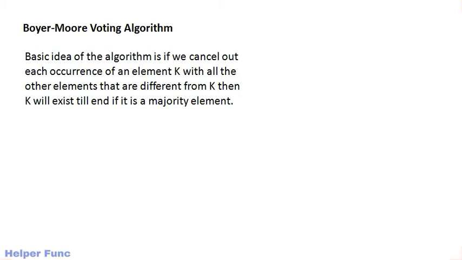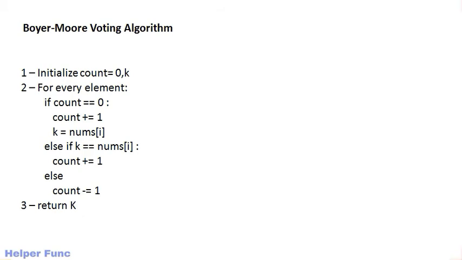Now if you are still confused, let's get into the algorithm and understand by example. We initialize count as 0 and an integer k, which will represent our majority element. Now for every element, if count is 0, this means that we have not got any candidate for majority element, and we will take this number as our candidate for majority element and increment its count by 1.